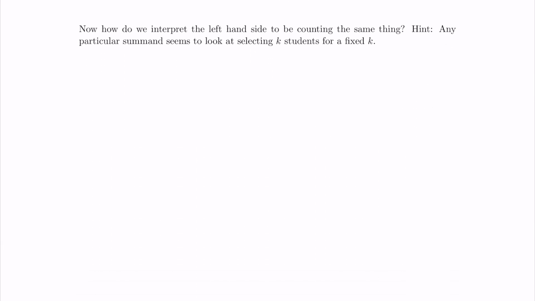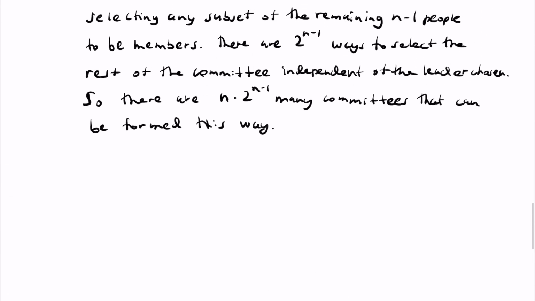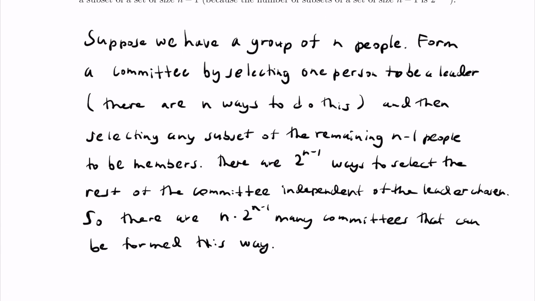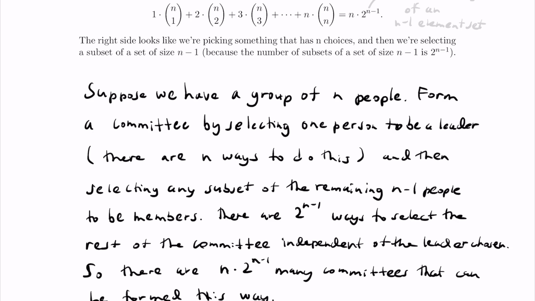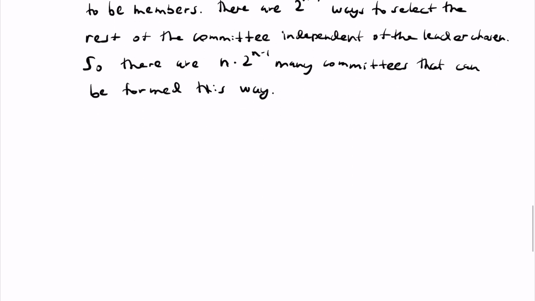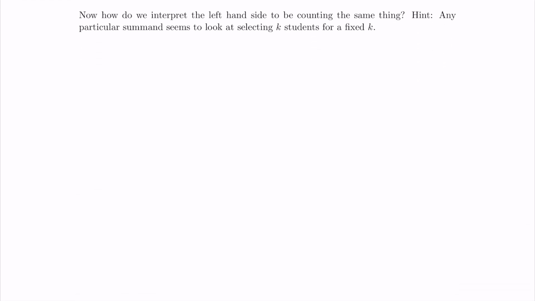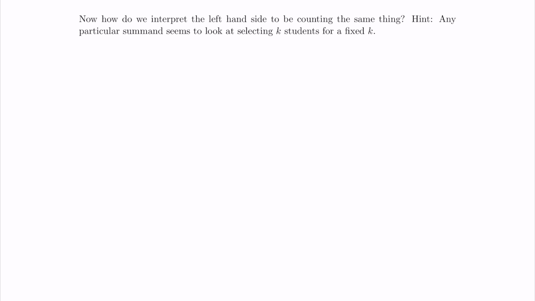Okay, so we'll go ahead and do that and see if it matches up with that interpretation of the other side. Right, so again, we have a process here that's 2 steps. We've interpreted this right-hand side as a process involving 2 things: selecting a leader and then selecting the rest of the committee.